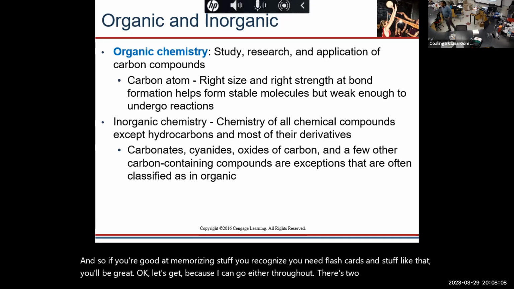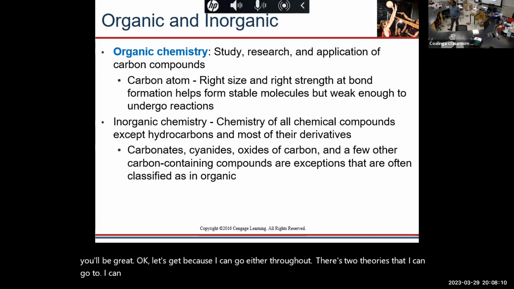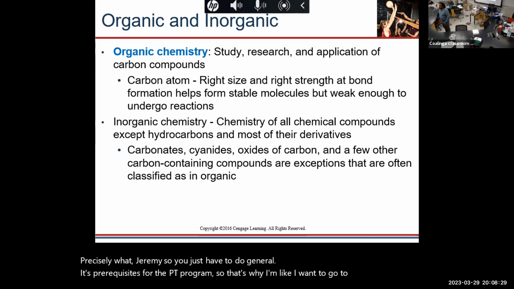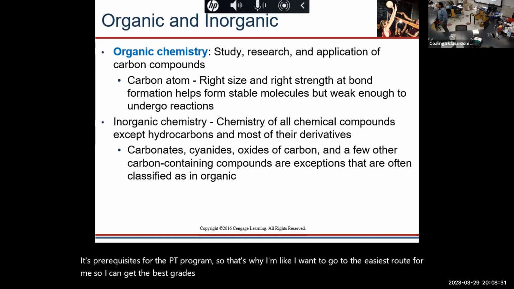Which one can I go through, organic or general? Not sure yet, because I'm wondering which one is going to help the most. Intro to chem. If you decide to go general, you just have to do general. It's a prerequisite for the PT program, so I want to go the easiest route for me so I can get the best grade. Okay. Well, then that's 2 more classes for general.